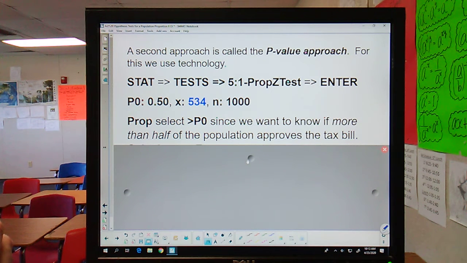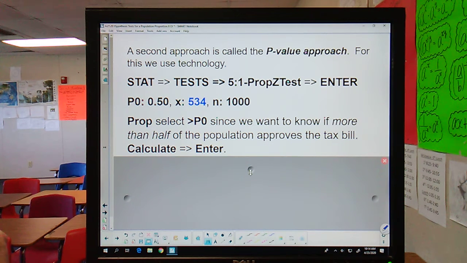Scroll down to the one that says greater than p0 and hit enter. The reason we choose that is because she wants to know if more than half of the population approves the bill. If more than half does, then your null is half, and she got more than half. She wants to see if it's going to be greater than that 50%. All right, highlight Calculate, and hit enter.